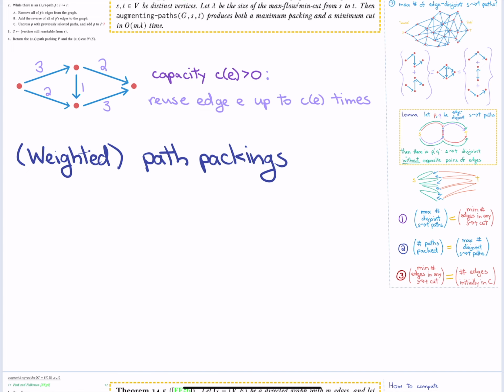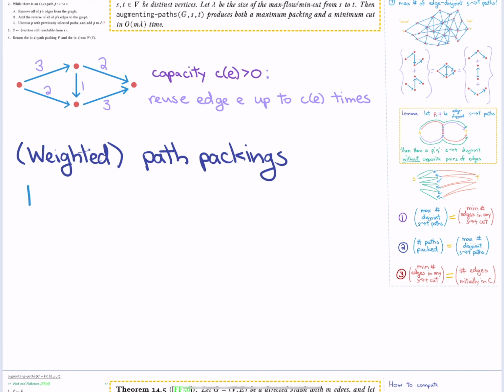To set up another model that is going to be introduced later, let me formalize this. So I can write, for example, PST as the family of all ST paths. I'm just thinking of this as a big collection that contains every possible ST path.